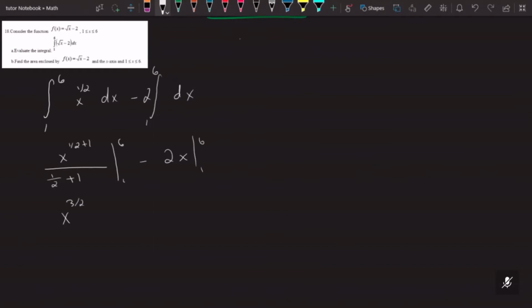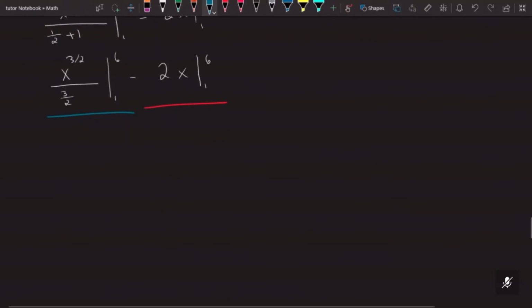So when we simplify our exponent and our fraction here, we have x to the 3/2 over 3/2 from 1 to 6 minus 2x from 1 to 6. So we want to rewrite this compound fraction as a simpler fraction, so we're just going to multiply it by the reciprocal, 2/3.